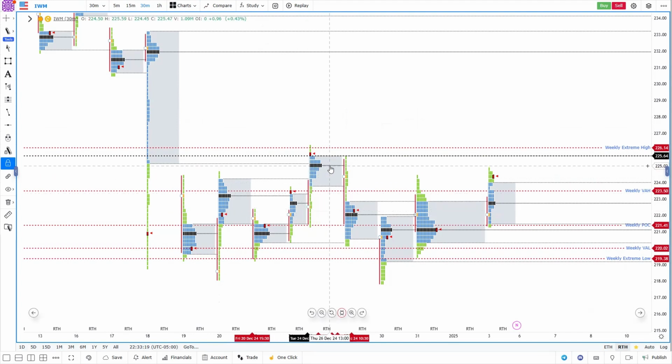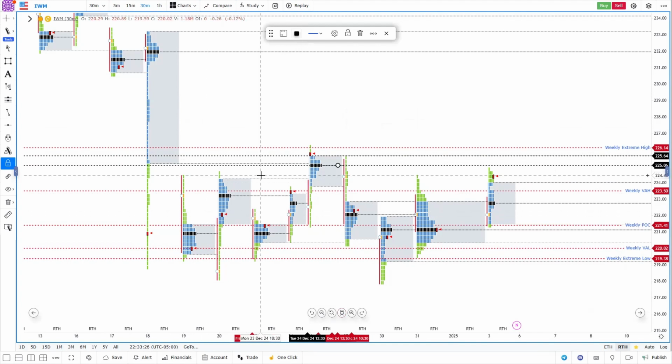Now, if you know what POC is, basically point of control, that is basically where the most trading has happened between buyers and sellers in that day, right? So this is where POC is, where buyers and sellers agreed on price the most.